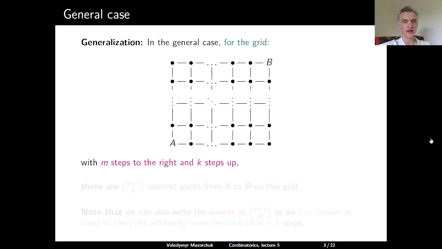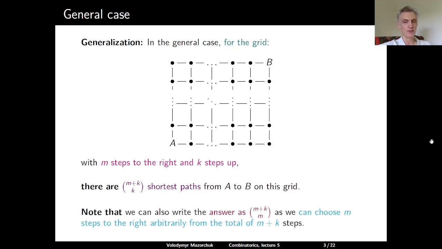And out of these m plus k steps, the steps up can be chosen arbitrarily. Which of these steps will be steps up? So there are exactly m plus k choose k shortest paths from A to B on this grid. And we can similarly write the same answer as m plus k choose m, because we are also allowed to choose m steps to the right out of our m plus k steps in total.